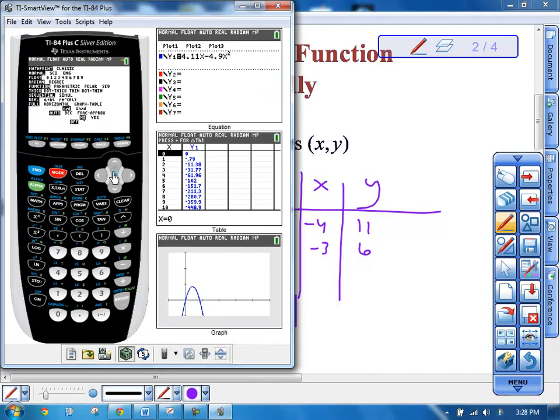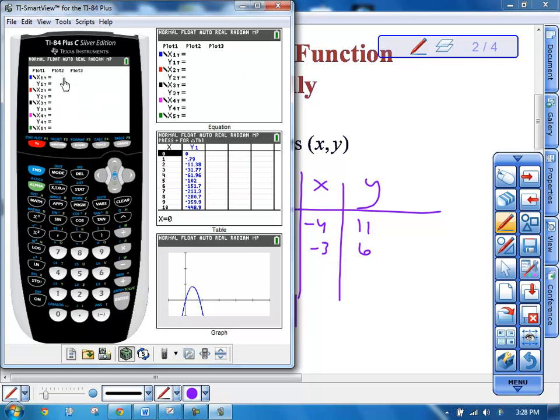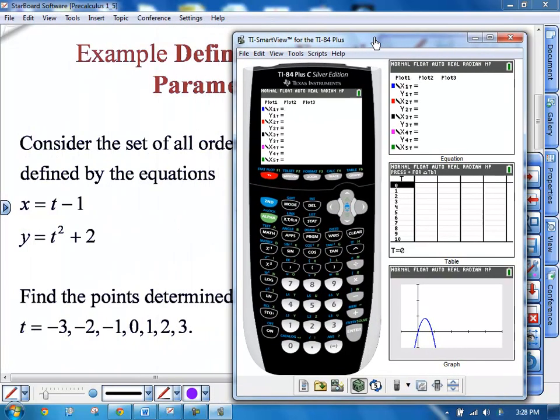So in your calculator, if you go to mode and you put your calculator in parametric mode, so it's in function mode right now, but if you scroll down, do parametric. Then when you go to y equals, you're going to see x varies as, and you're going to use x, which will now be t minus 1. You'll see y varies as t squared plus 2.